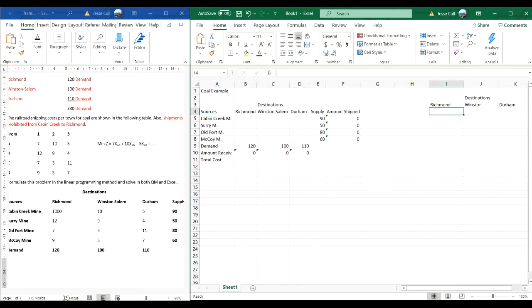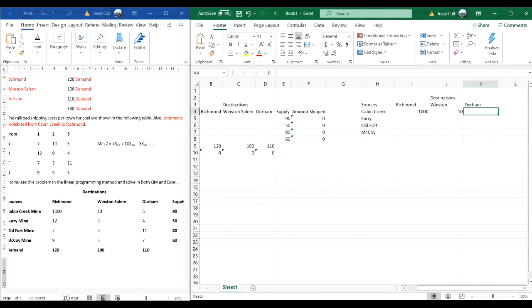Sources, we have Cabin Creek, Surrey, Old Fort, and McCoy. All of the extra information isn't necessary because this merely represents our pricing table. So we fill in the relevant information.